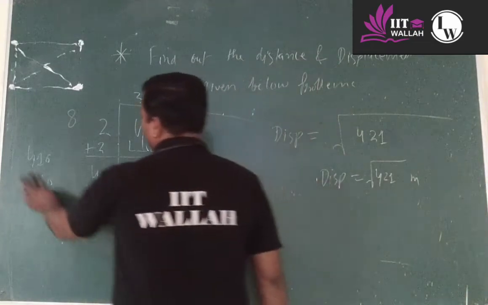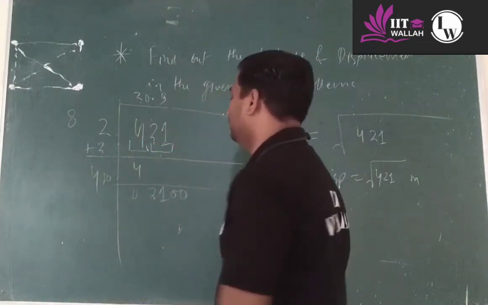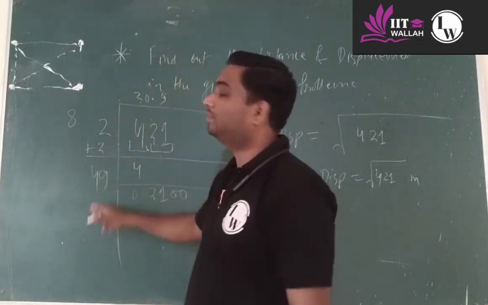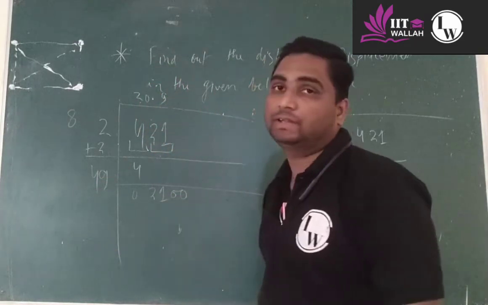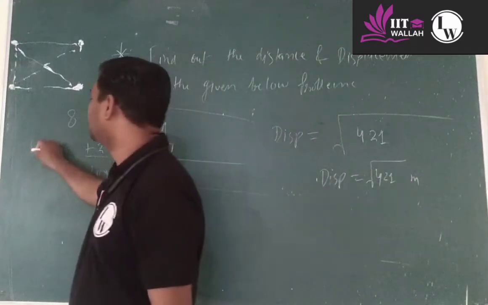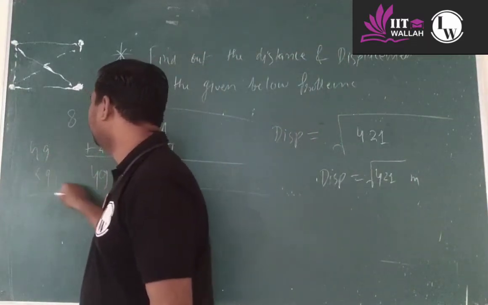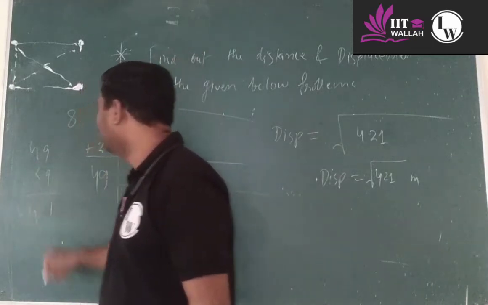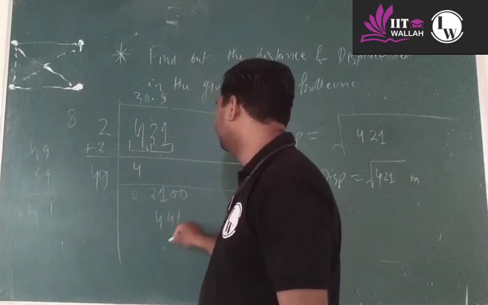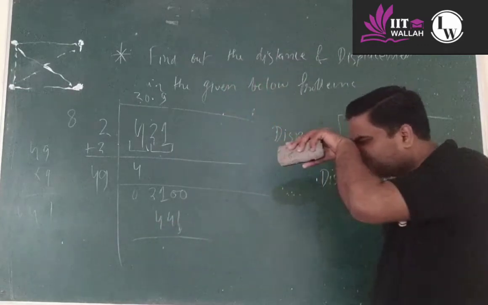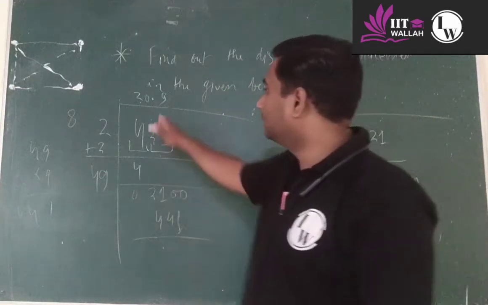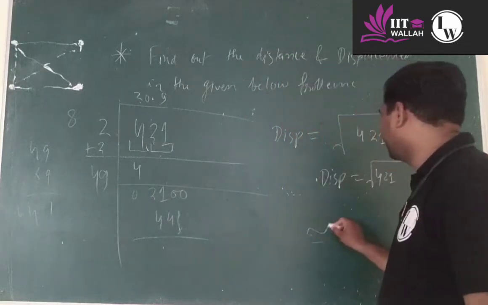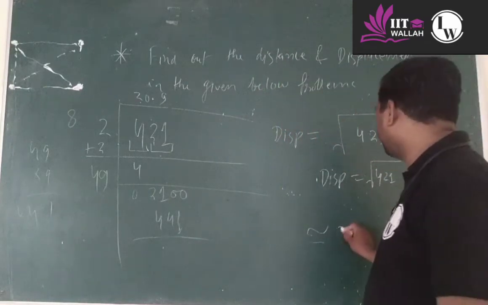Take 9 and multiply: 49 into 9, 9 nines are 81, carry 1, 9 fours are 36 plus 1 is 37. So you write 441. This will go forward, so take the approximate value, and you write 20.9.